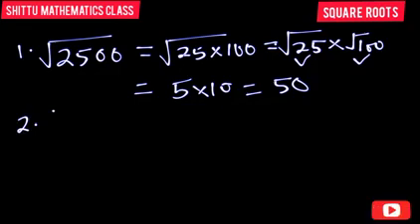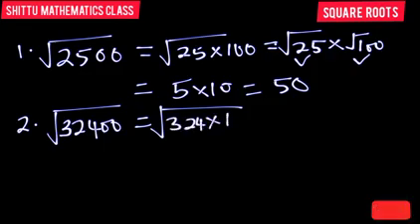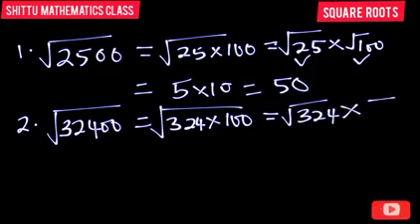The second one is 32,400. So therefore we are going to split this into 324 times 100. So now this also can be split into two, having 324 multiplied by 100.